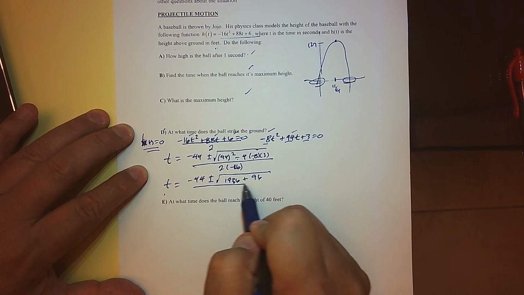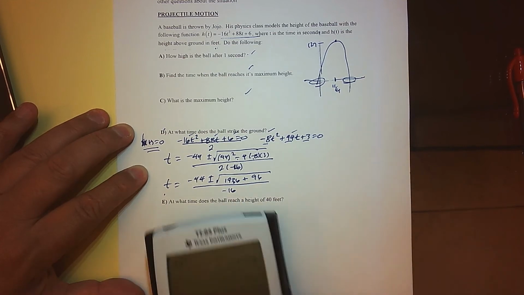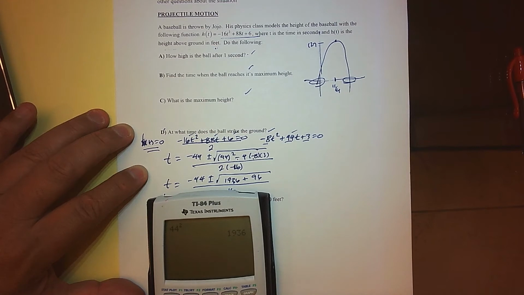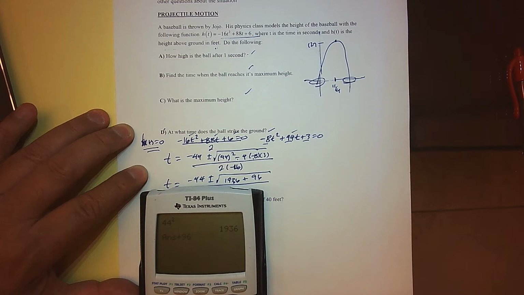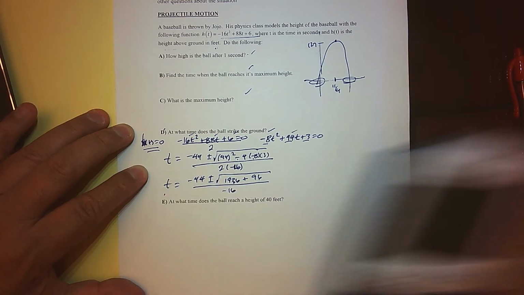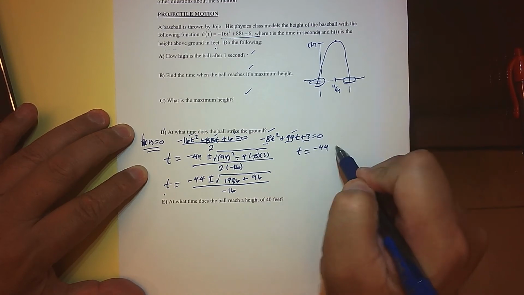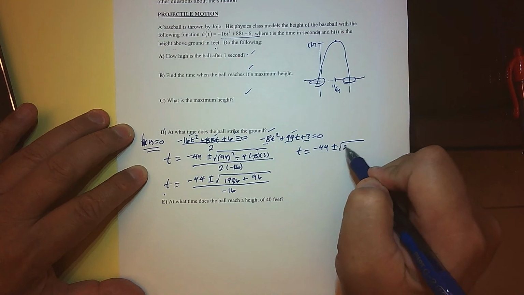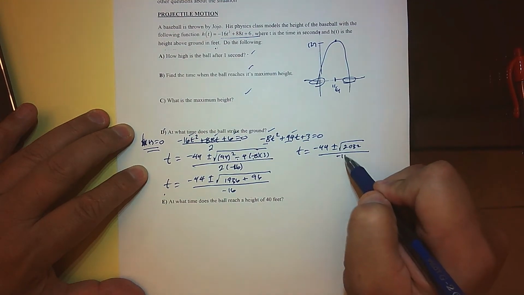This is all divided by negative 16. And so 1936 plus 96 equals that. And I don't know if that's a nice, neat square root, so we'll just keep that. So we have t is negative 44 plus or minus the square root of 2032 all divided by negative 16.